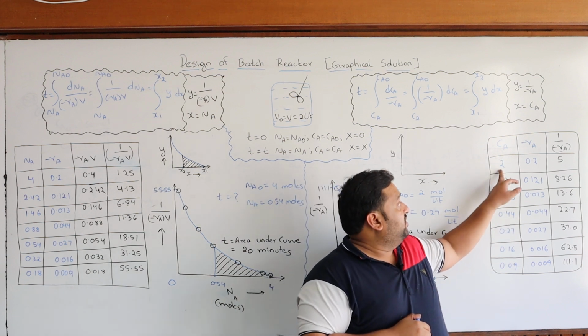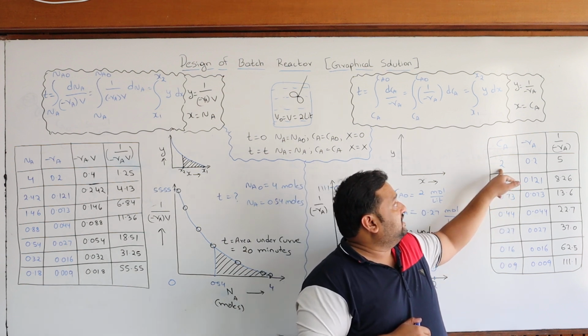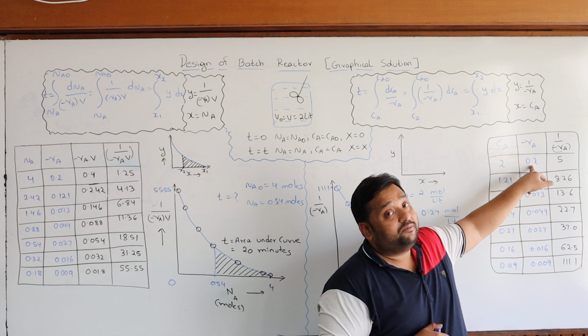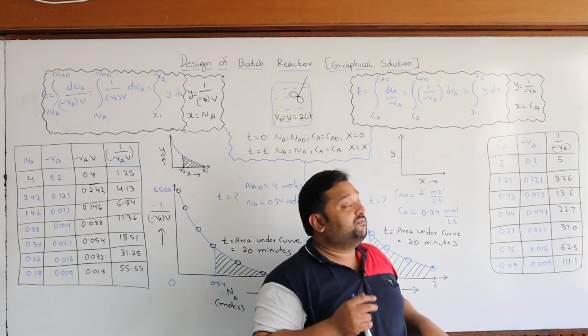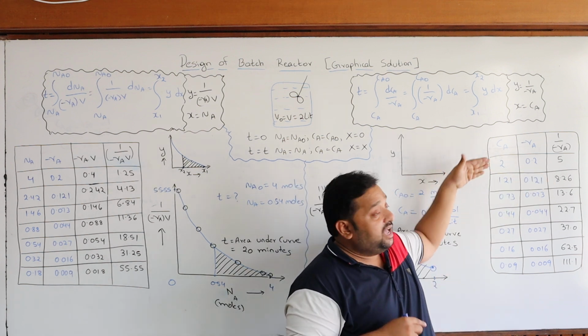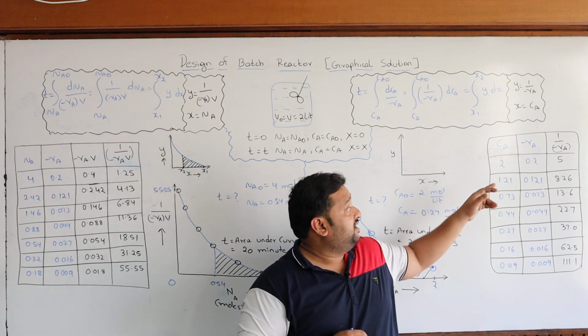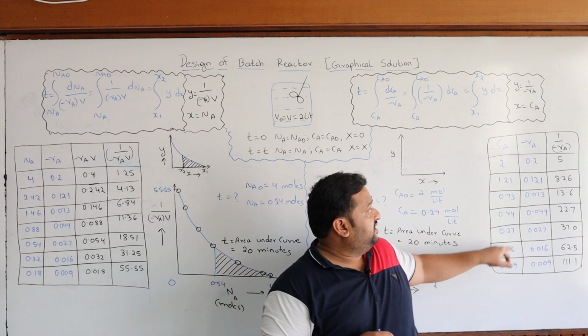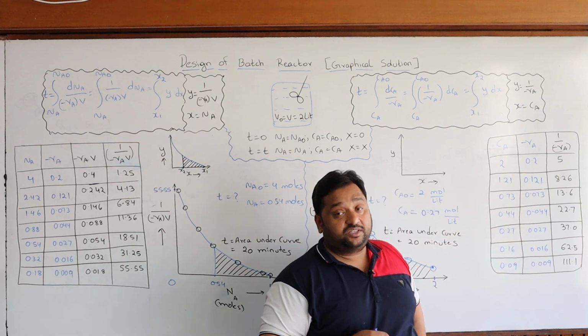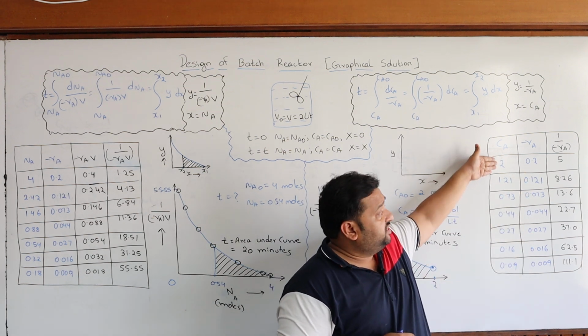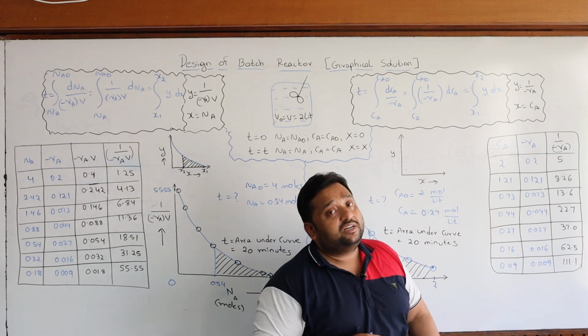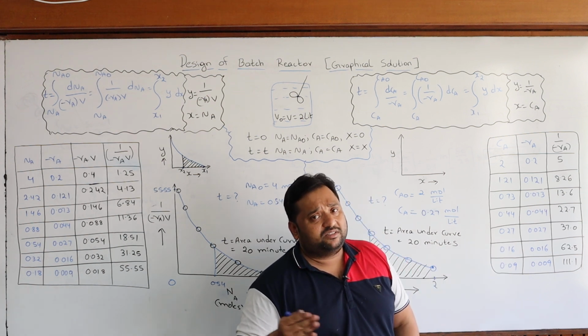So at 2 mole per liter, I have 0.2 mole per liter per minute as the rate of reaction. Like that, I have taken out different samples from the reactor and measured the concentration and the speed of the reaction. See, the more the concentration, the more the speed, and the less the concentration, the less the speed, which is typically observed for elementary reactions.